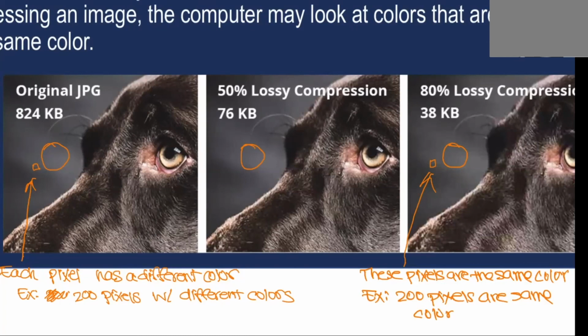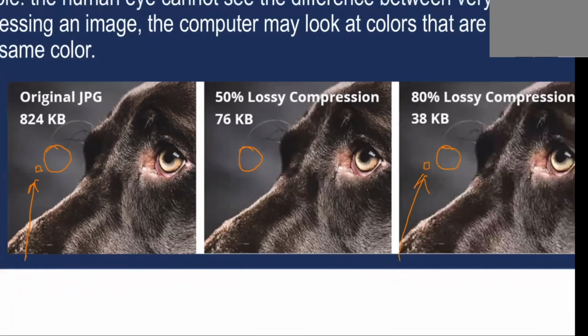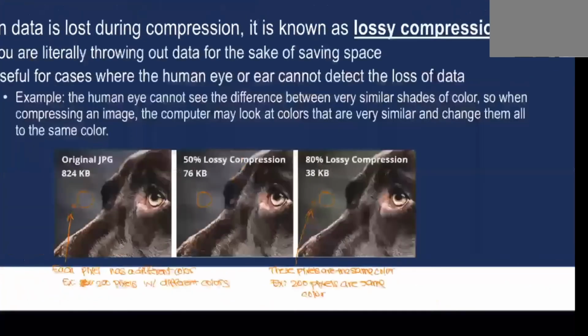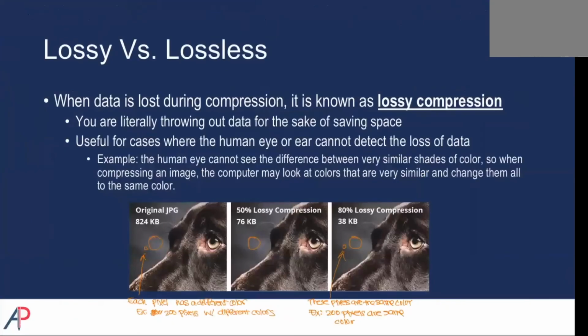So that's the idea of lossy. You want to generalize things, throw out extra information that won't take away from the image or the data itself. When we zoom out, you can't even tell. It's when we zoom in and we really look at those fine details that we could see that indeed data has been lost.